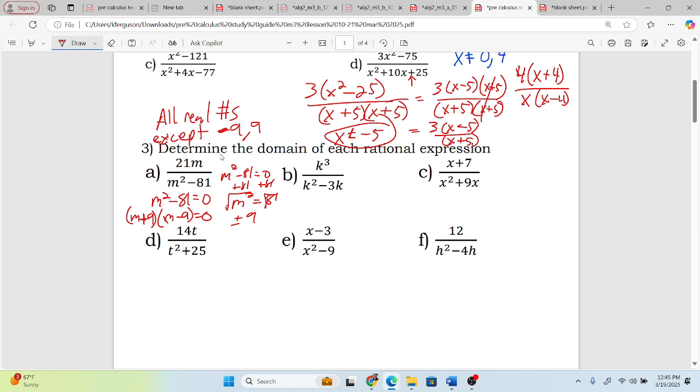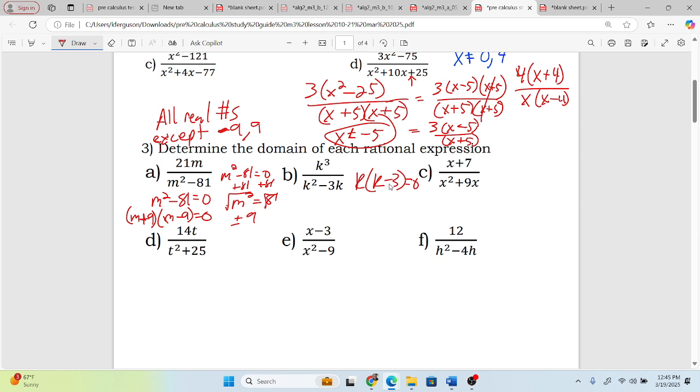All right, does anybody have any questions on that? All right, then I do the same here. Well, I got k squared minus 3k. How about we pull out a k, and then we got k minus 3 left over. And so we see what will make this 0.